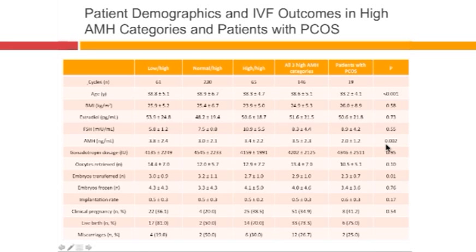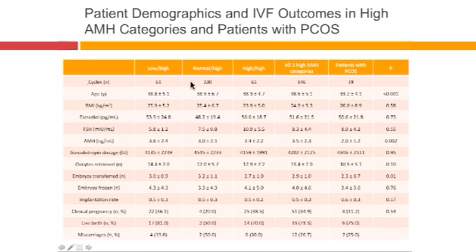Finally, high AMH levels are, as I previously mentioned, associated with polycystic ovaries. And so what we also did in this study, we looked at the 3 categories where AMH was high, in combination with low FSH, normal FSH, and high FSH.